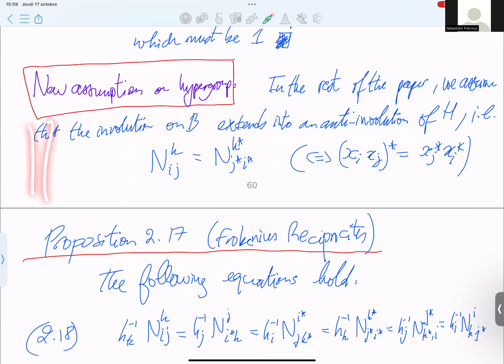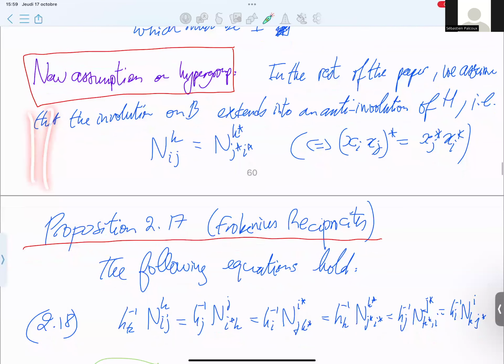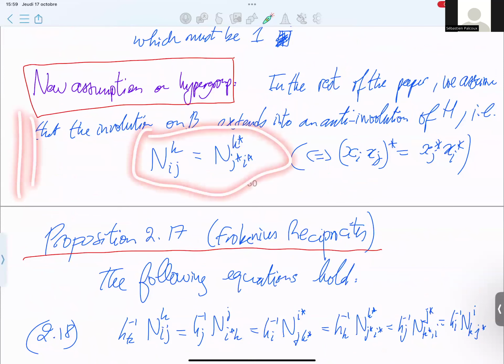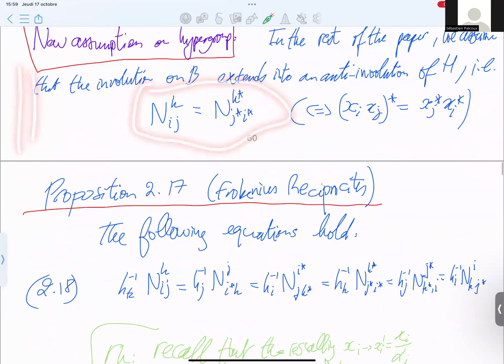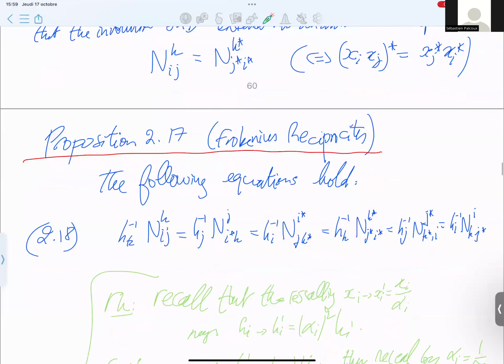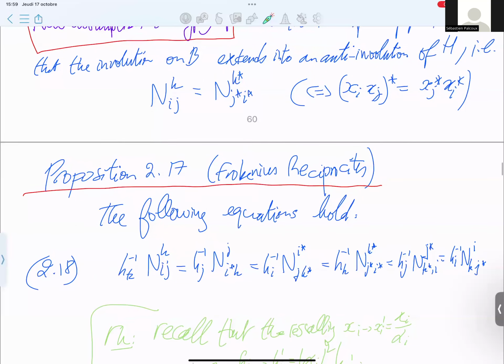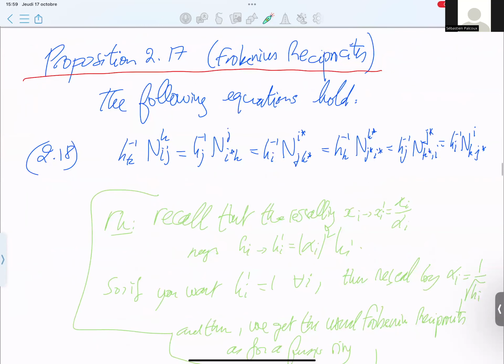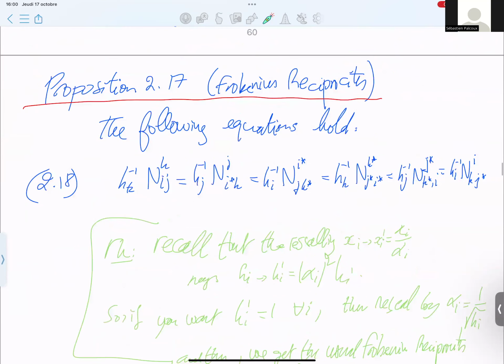So this now is assumed. This is usual. For fusion rings, for example, this is already assumed. So let us prove the Frobenius reciprocity exactly like that.